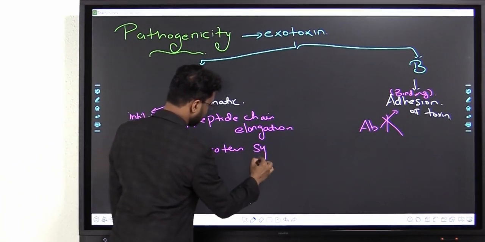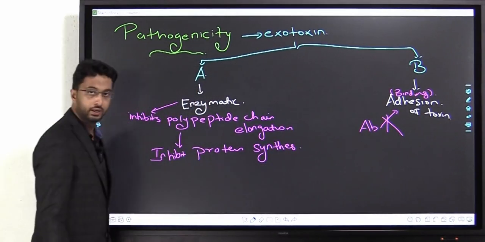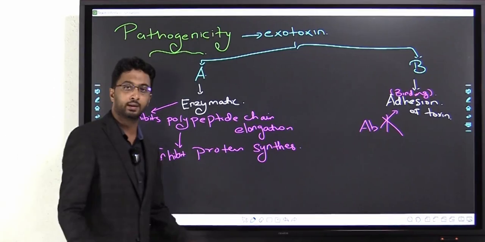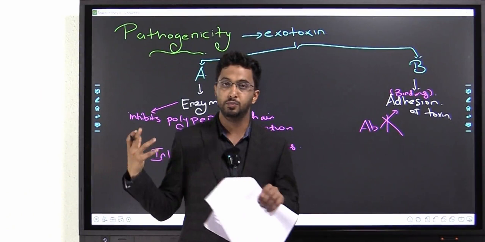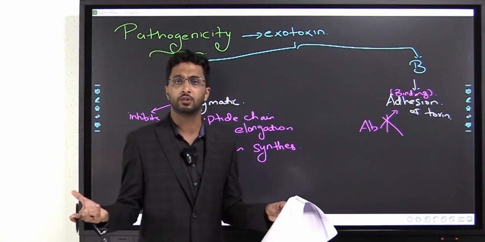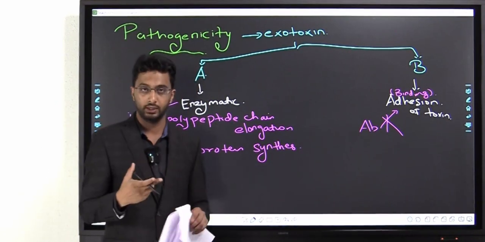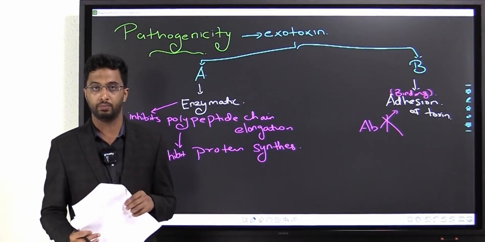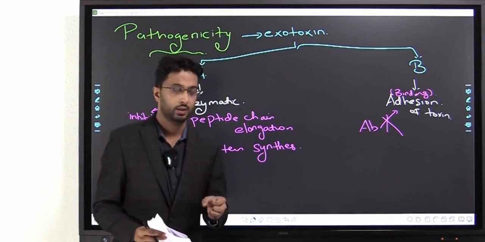And if protein synthesis is inhibited, what about our enzymes? What about our immunity? All of these are basically proteins. So if a particular cell where this toxin is acting cannot produce protein, our immunity is going to go down. Our body cannot respond.